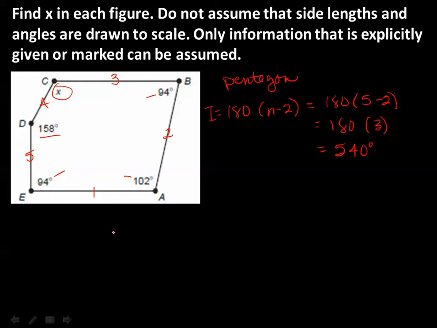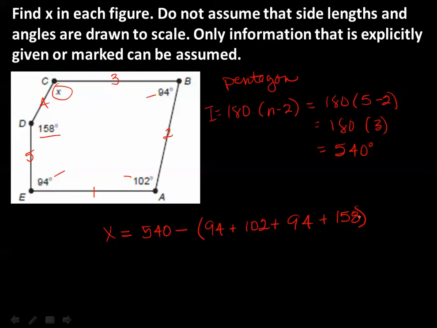So watch what I'm going to do here. X is going to equal 540 minus 94 plus 102 plus 94 plus 158. So in my calculator, I always do things separate.